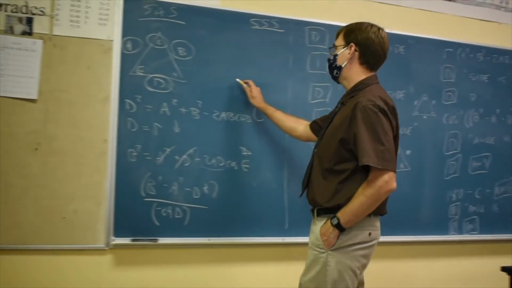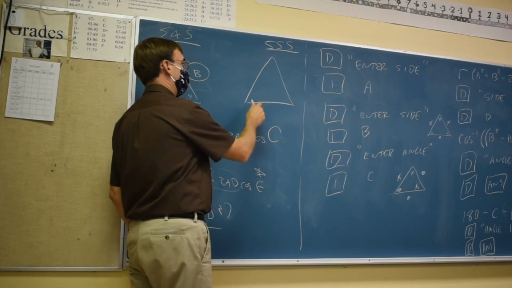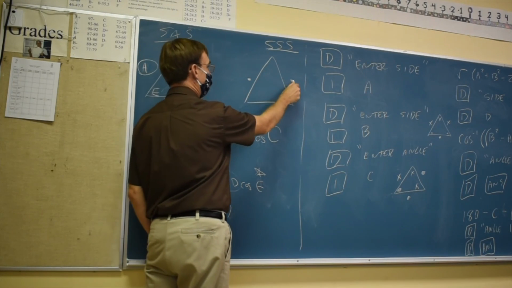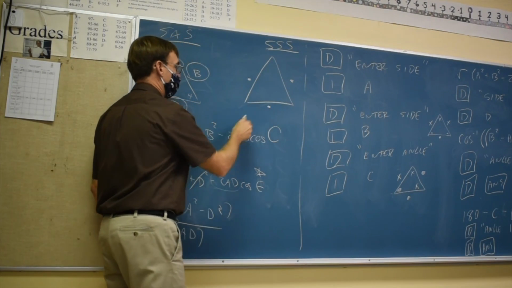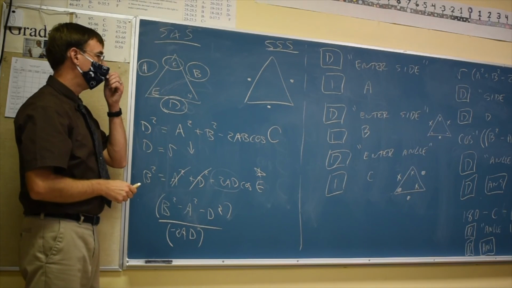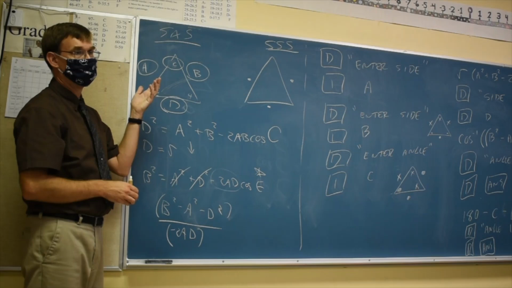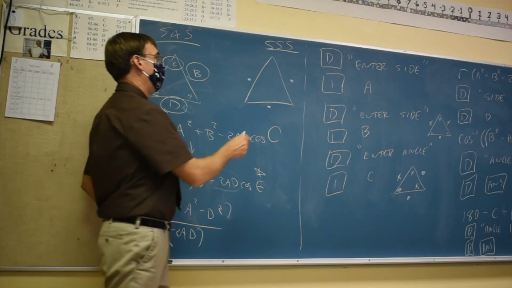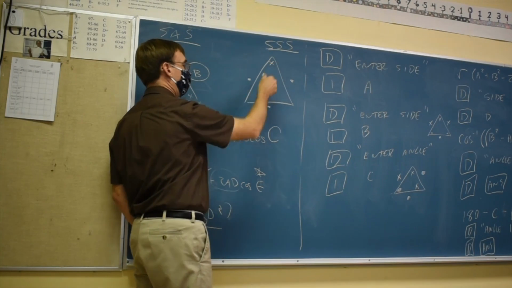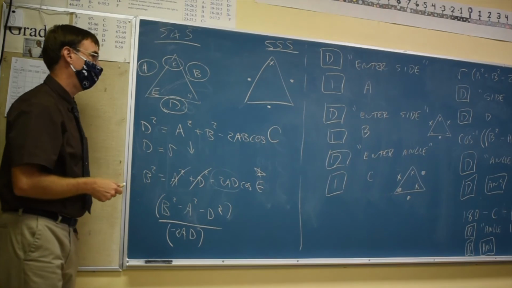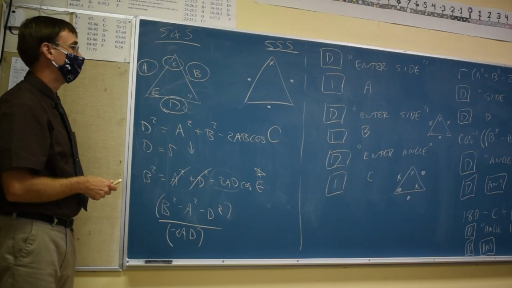SSS is pretty obvious what you would know. You would know 3 sides. Would it matter which angles and stuff you did first? No. So you'd get any random angle done first. How would you get an angle done? Law of cosines.